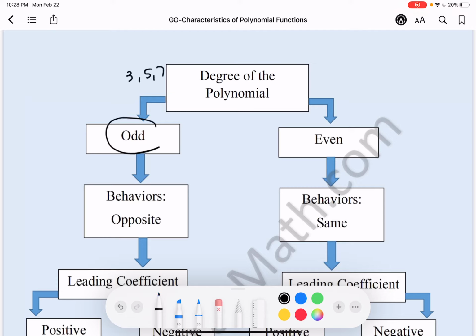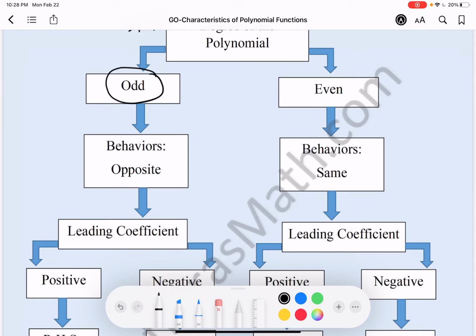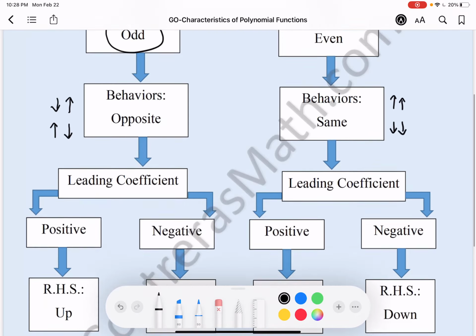That means it's going to be an odd function. The end behaviors are going to point in opposite directions. So if the right hand side goes up, the left hand side goes down. If the right hand side goes down, the left hand side goes up, opposite directions. Okay, and with even degrees they would face the same direction. These are the end behaviors.